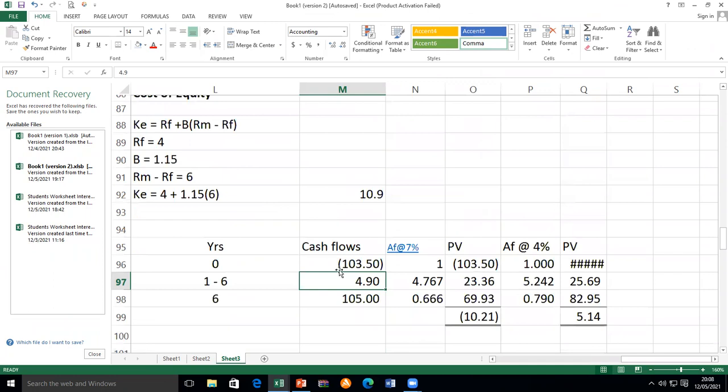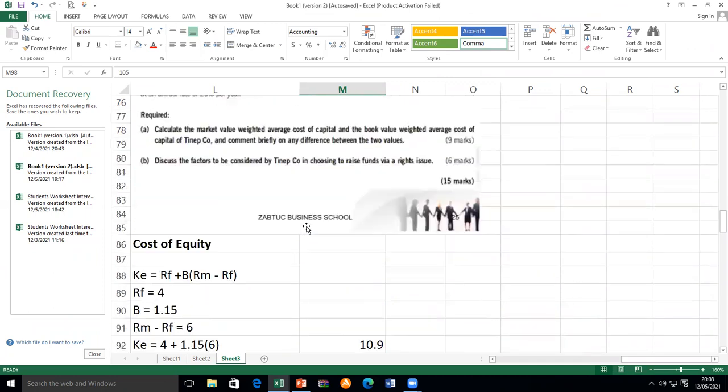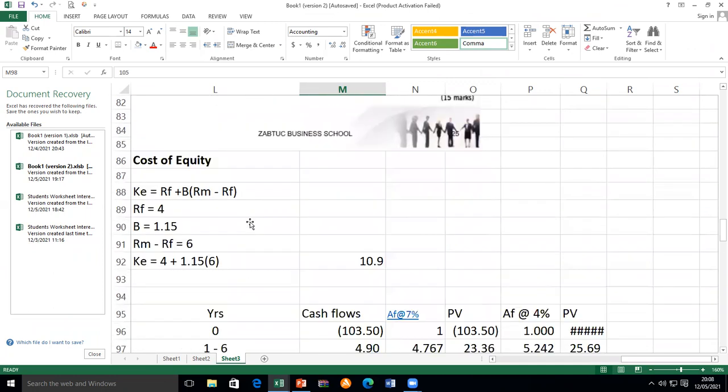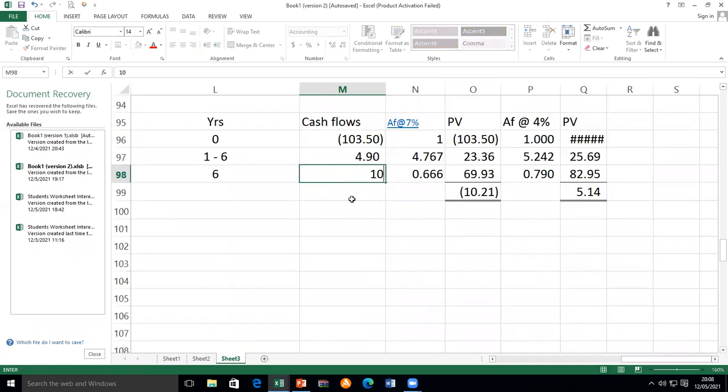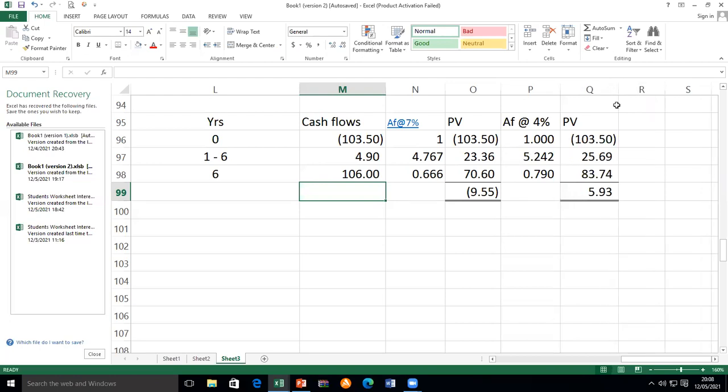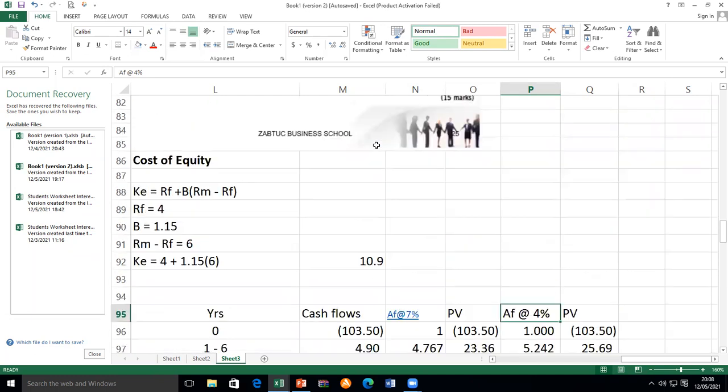103.5, and these are redeemed at a premium of how much? 6%. Okay. There we are. I've got the values already. I'll still use the same 7 and 4%. If you use 6%, it is absolutely no problem.